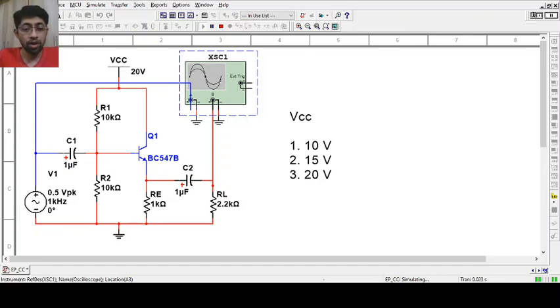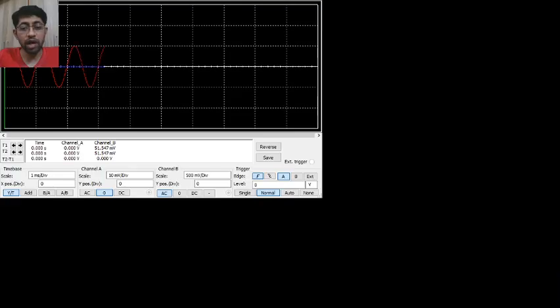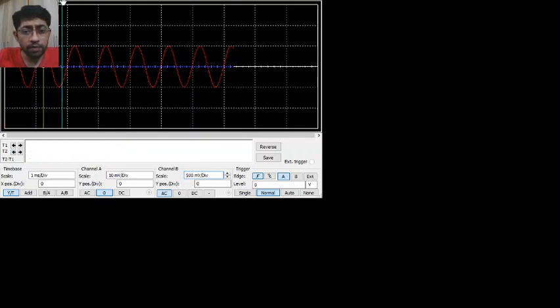If we move to the oscilloscope and try to measure the peak to peak of the output once again, if I pause it and put the cursor at the proper value, one at the top of the sine, another at the bottom of the sine, here you can see this is the maximum.